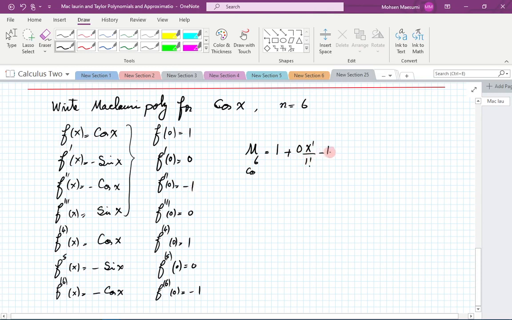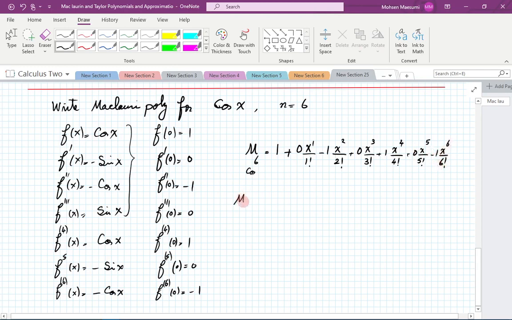Next is minus 1 that has to multiply by x2 over 2 factorial. Next is 0 multiply x3 over 3 factorial. Next is 1 x4 over 4 factorial, 0 x5 over 5 factorial, and then finally minus 1 x6 over 6 factorial.